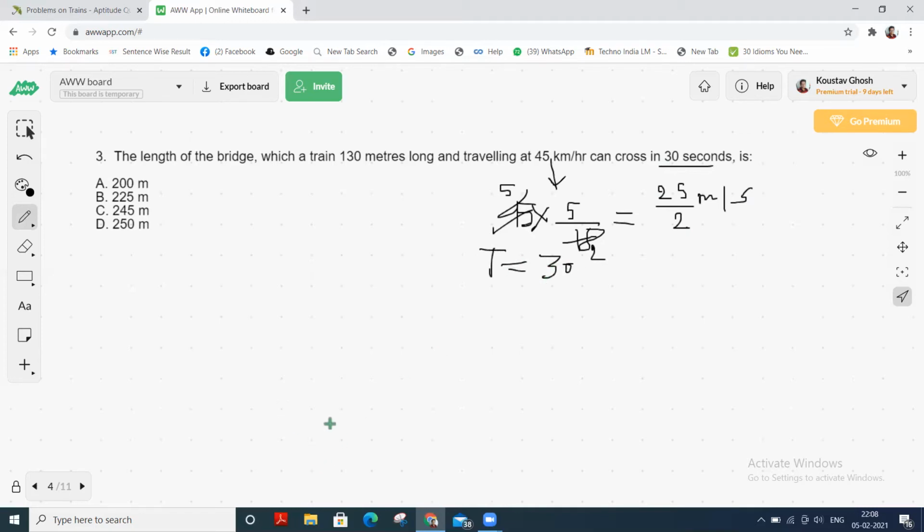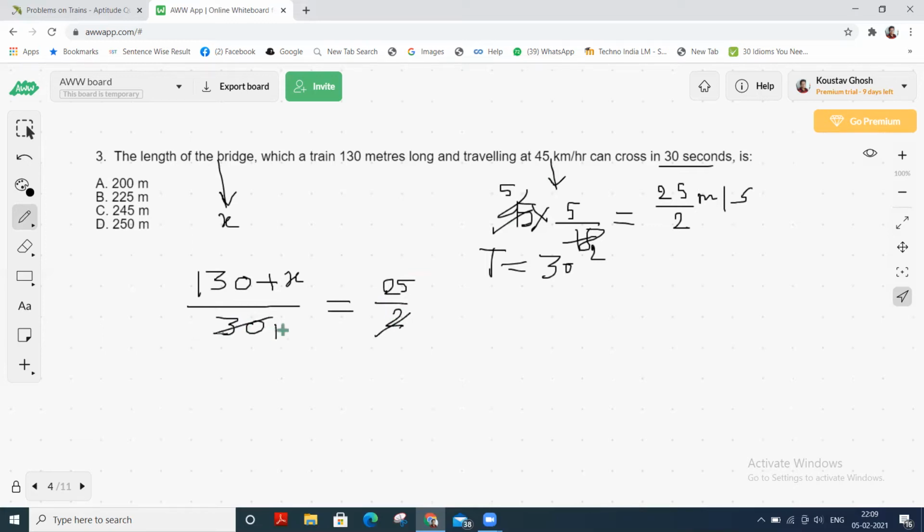Okay, suppose the length of the bridge is x meters, and the train length is 130 meters. So train length plus bridge length divided by time equals the speed, 45 kilometer per hour, which means 25 by 2.